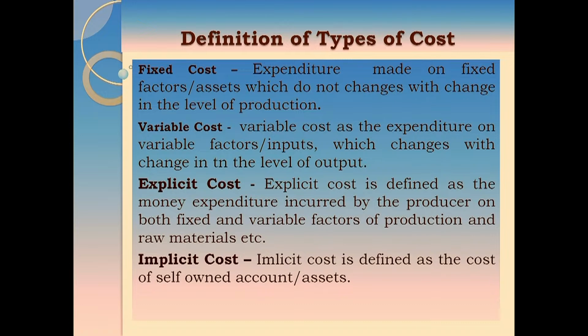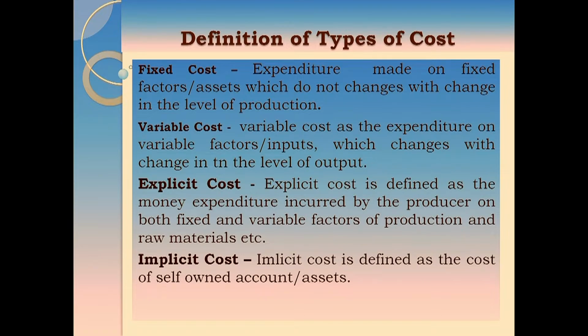Now you see, explicit cost is defined as money expenditure incurred by the producers on both fixed and variable factors of production and raw materials. What happens in this? We make payment to outsiders. We hire factors of production, either fixed factors or variable factors.